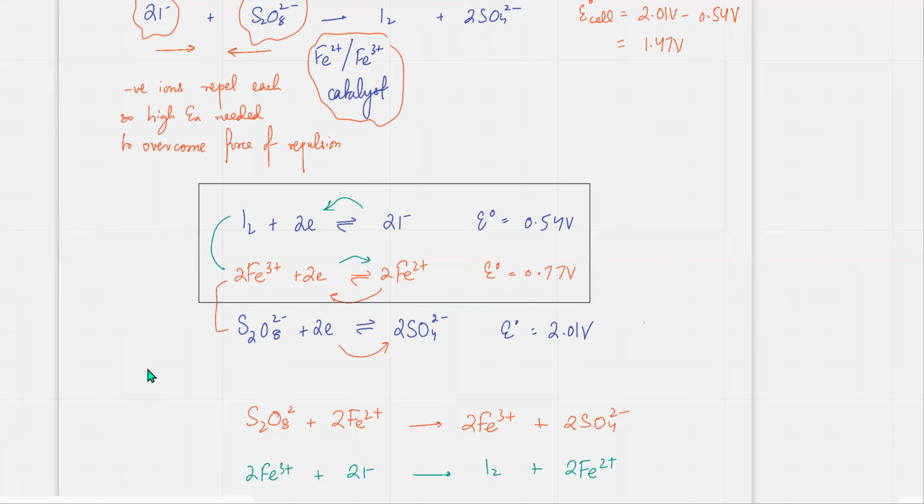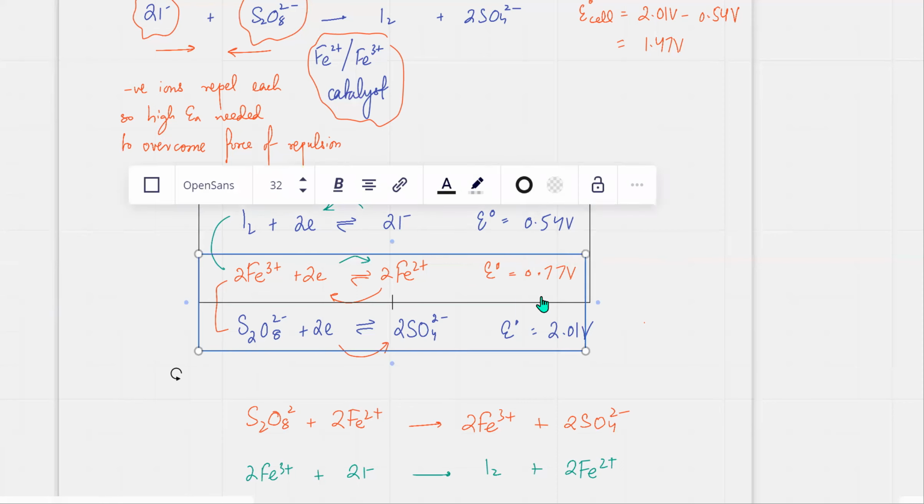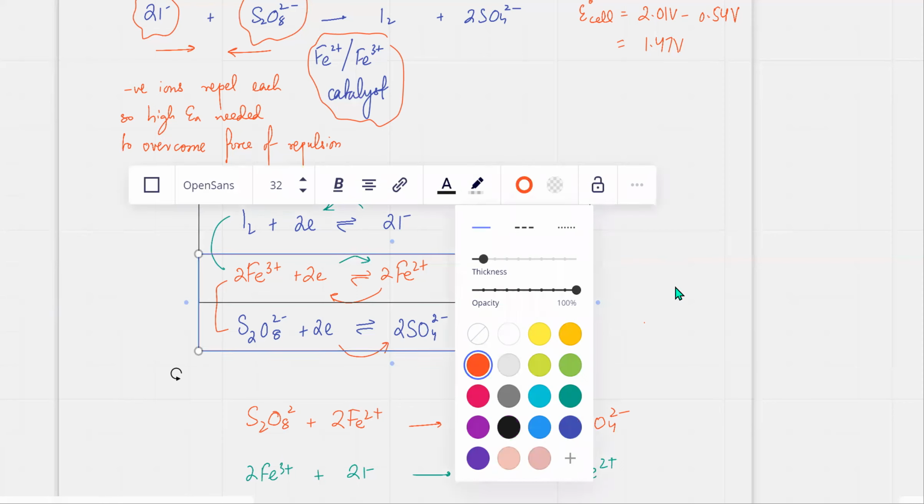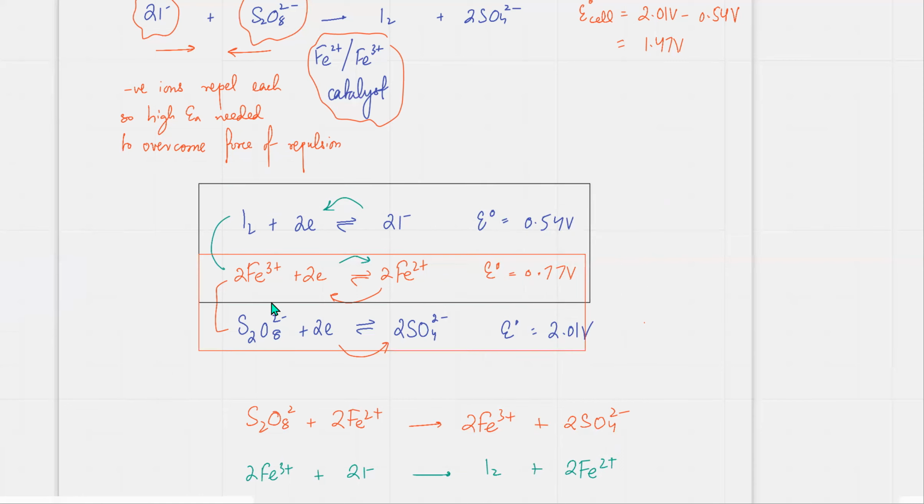And at the same time, you have S2O8 also going along, trying to react with Fe. Both of them try to react with Fe, and that results in this reaction.